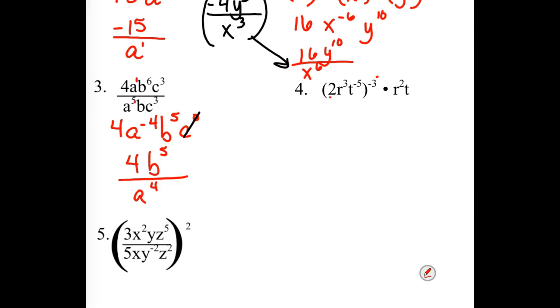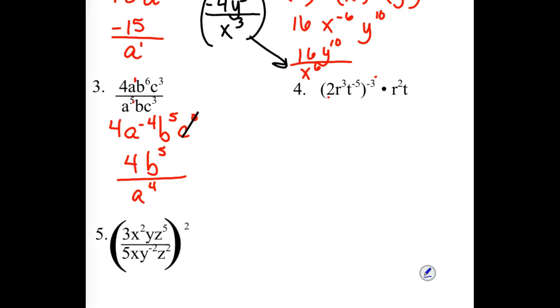Okay? Now, some students want to be able to go from here to here without that middle step where we get negatives. And we can do that if you picture where you have extra variables.